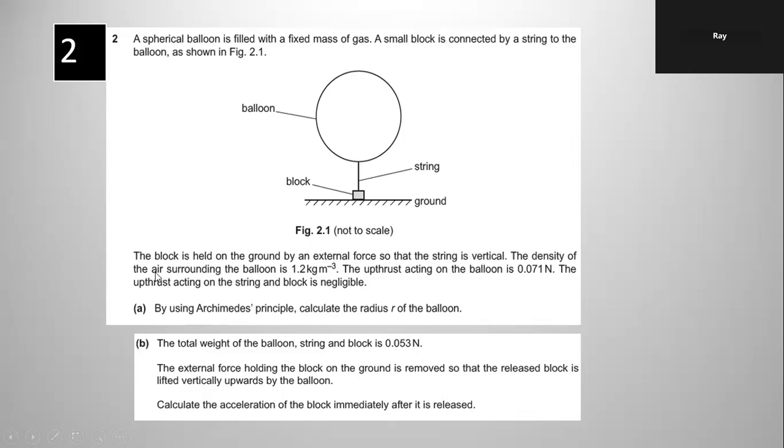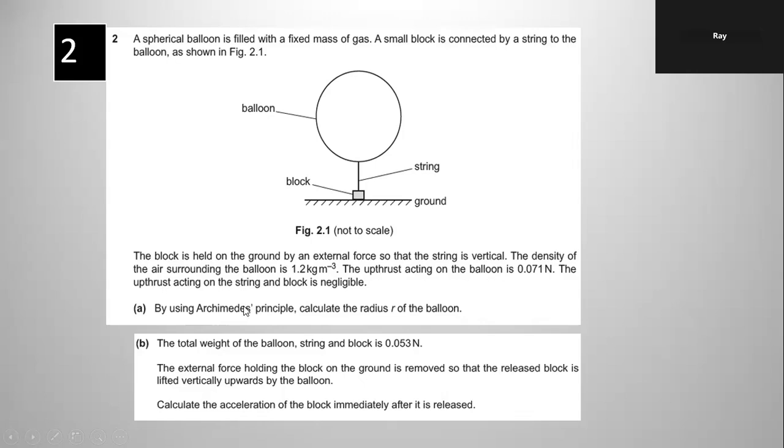The density of air surrounding the balloon is 1.2 kilogram meter minus 3. The upthrust acting on the balloon is 0.071 Newton. The upthrust acting on the string and block is negligible. Use Archimedes principle, calculate the radius of the balloon.